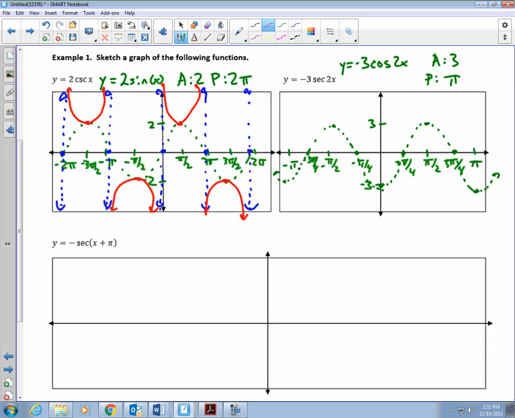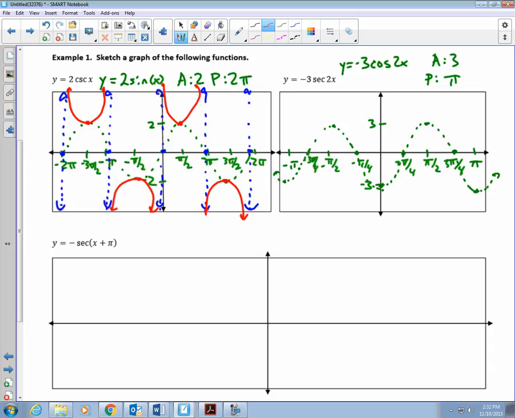Now what? What is it called? Say it. Own it. Vertical asymptote. Everybody say it together on 3. 1, 2, 3. Asymptote.